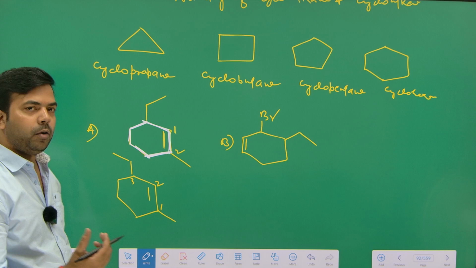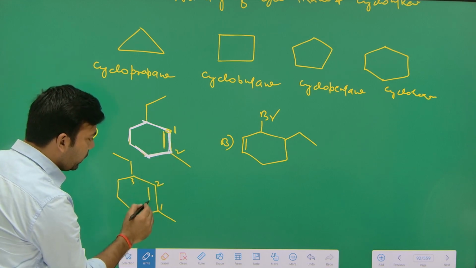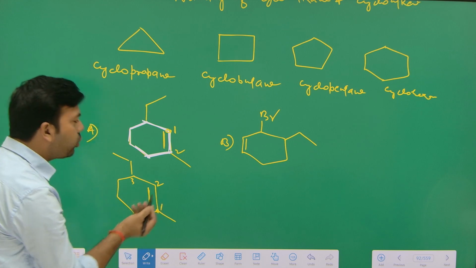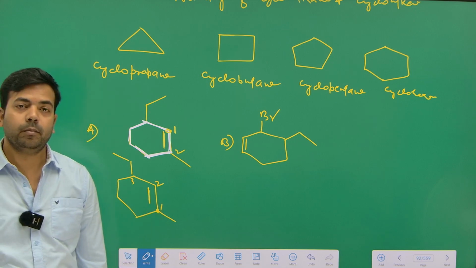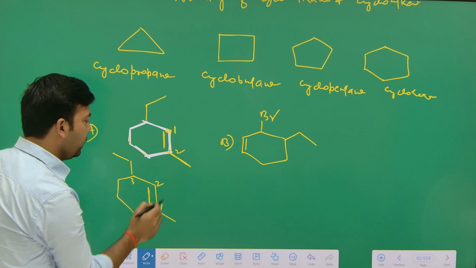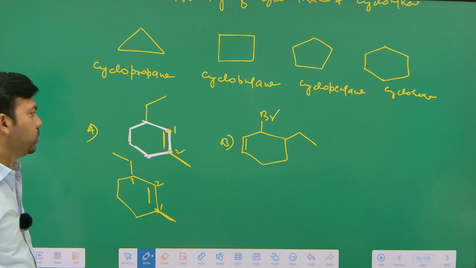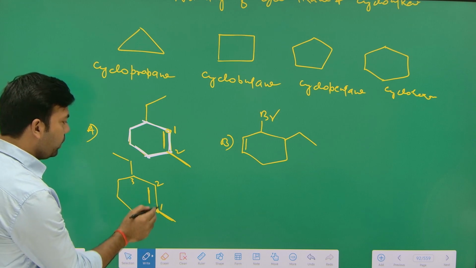The double bond must be the lowest. Here the double bond is 1 and here also the double bond containing carbon is my 1, so this is the common factor. Second, the branch. Here the branch is at number 2 and here the branch is at number 1. Can you see? So the bottom one is the correct one.